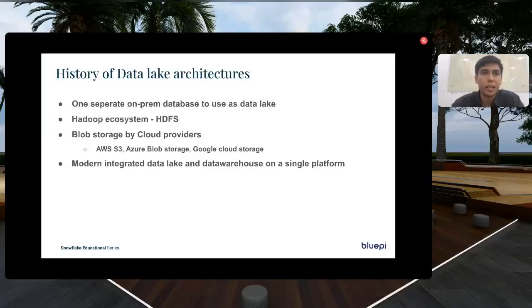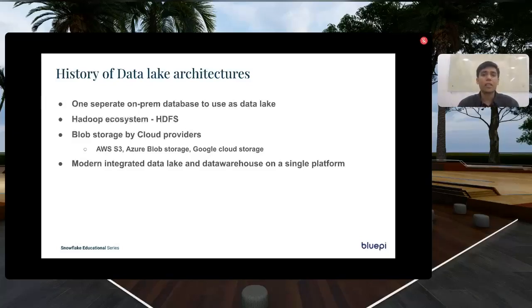Basically, within on-prem, you would have, let's say, 10 computers, your data would be segregated across those 10 computers, and your computation would also happen on those 10 computers only. So many organizations, when the Hadoop ecosystem came into the picture, implemented their data lake on HDFS.